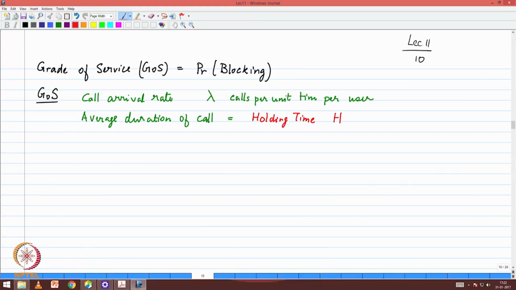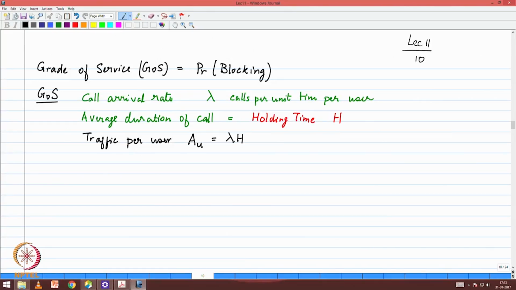Now the traffic intensity per user, or the traffic offered per user. So the traffic per user is A_U. A stands for traffic, subscript U is per user, will be lambda calls per unit time, and each time you are going to hold the channel for H. So if it's 2 calls for 10 minutes, that's your loading onto the channel.